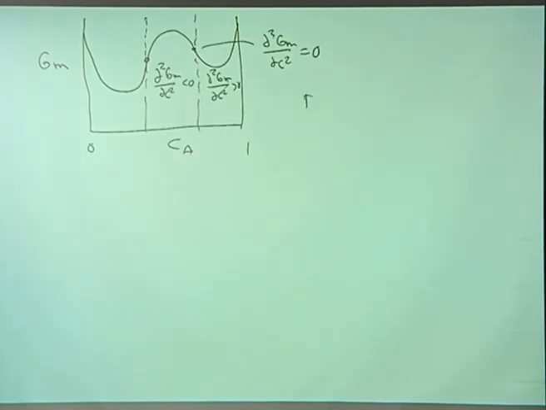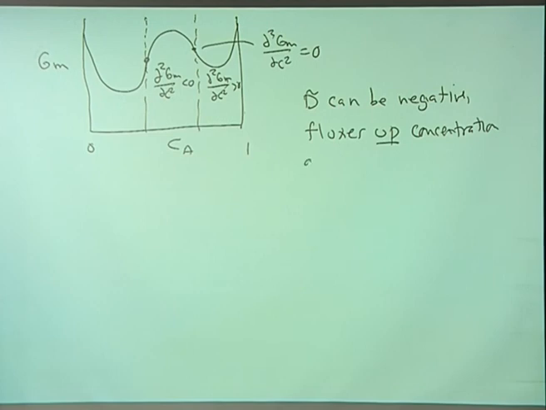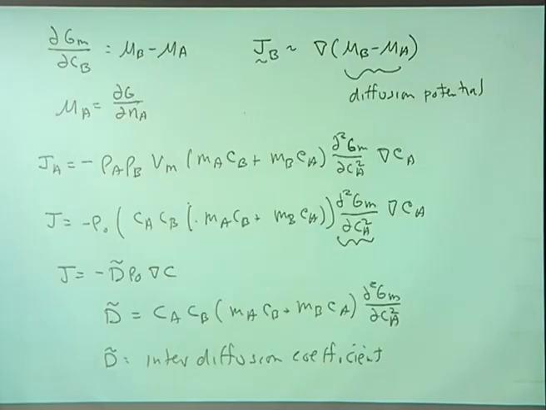So D tilde can be negative. Negative, that means you can have fluxes up concentration gradients. Up concentration gradients.